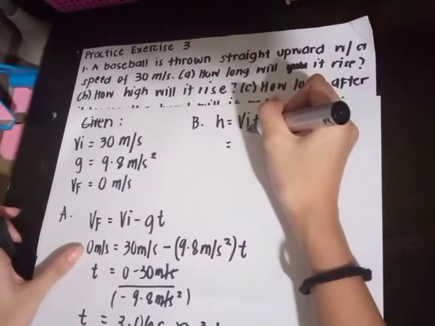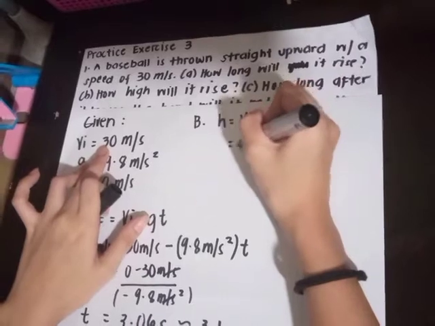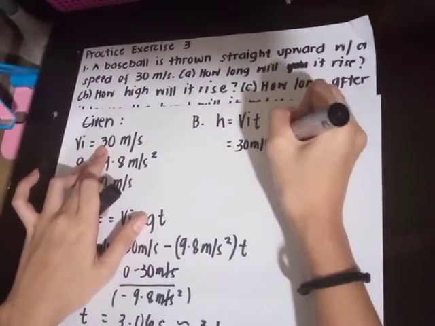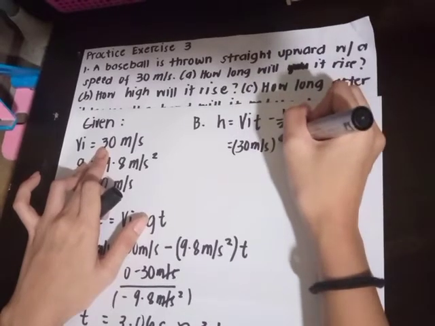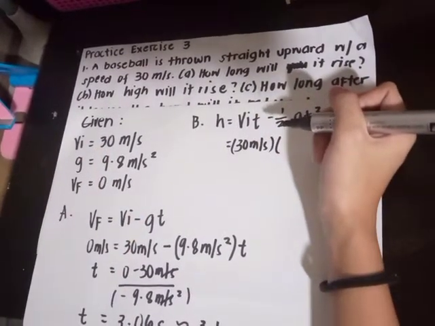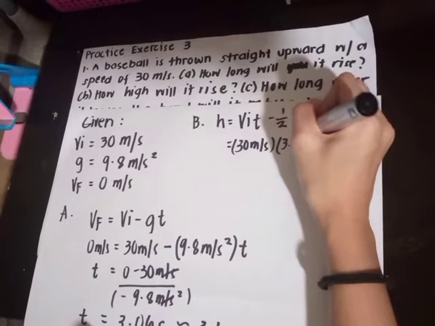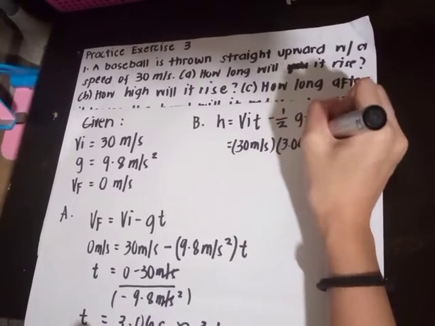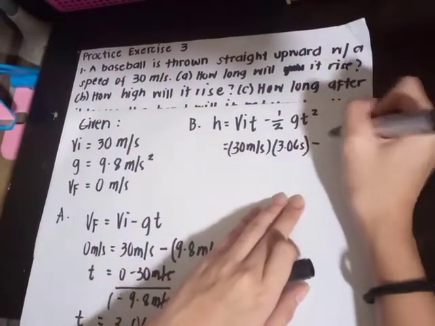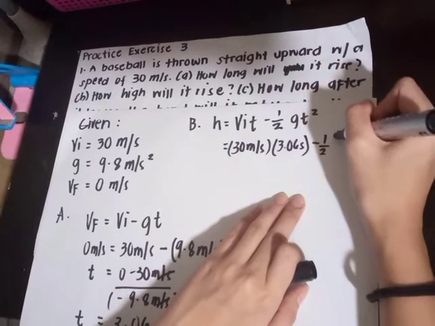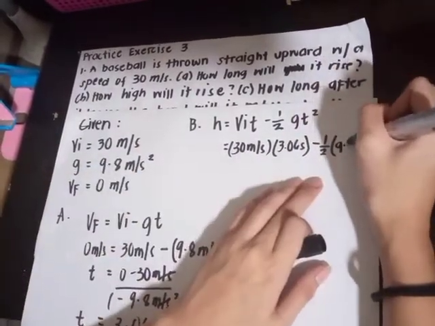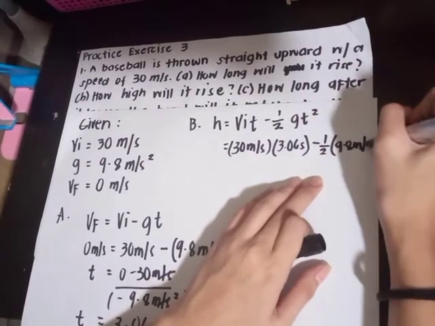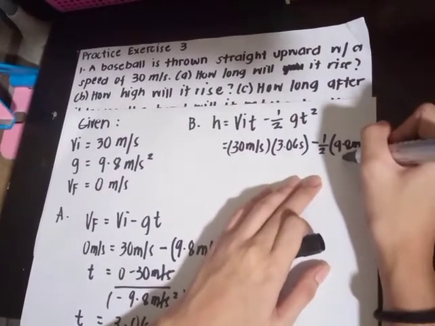We have initial velocity of 30 meter per second and time, which is here, 3.06 seconds, minus 1/2 of gravity. We have 9.8 meter per second squared.